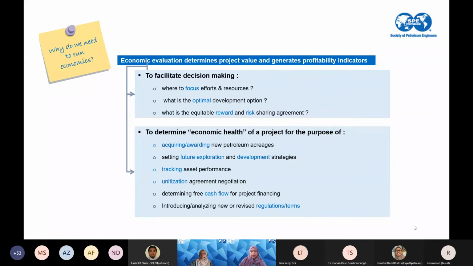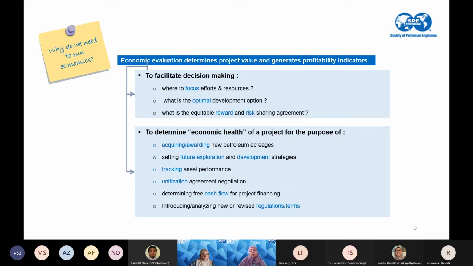So economics is done to essentially allow the corporation to determine where to focus effort on. In a capital constrained environment where we are today, it is even more imperative that we distribute our expenditure where it will bring us most return, right?